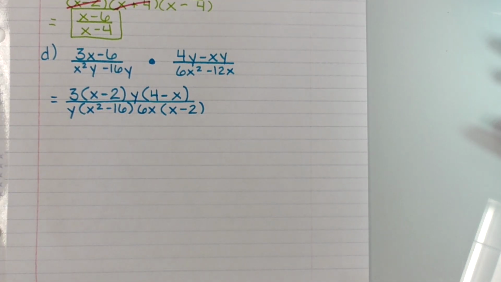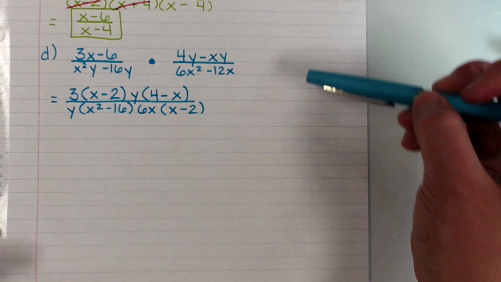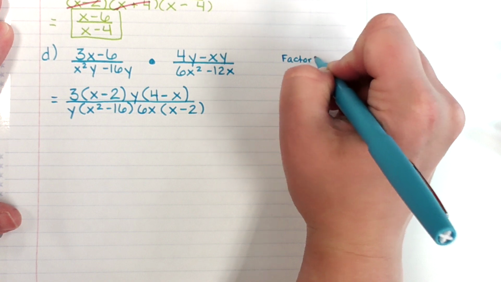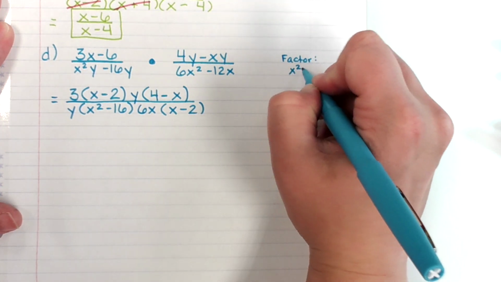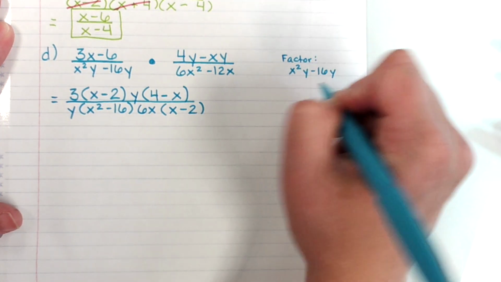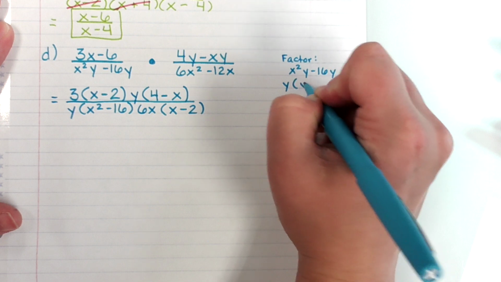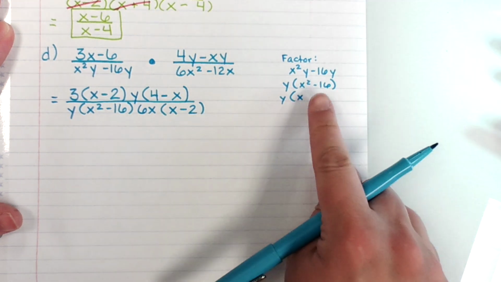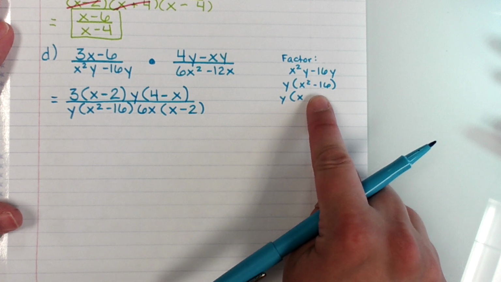In fact, if I get more complicated ones, whether I recognize I'm going to have to do the AC method or that I might have to factor more often, sometimes I just pull them off to the side. I create a section where I say I'm going to factor over here, x squared y minus 16y, and I just do all my factoring off to the side. x plus 4, x minus 4.